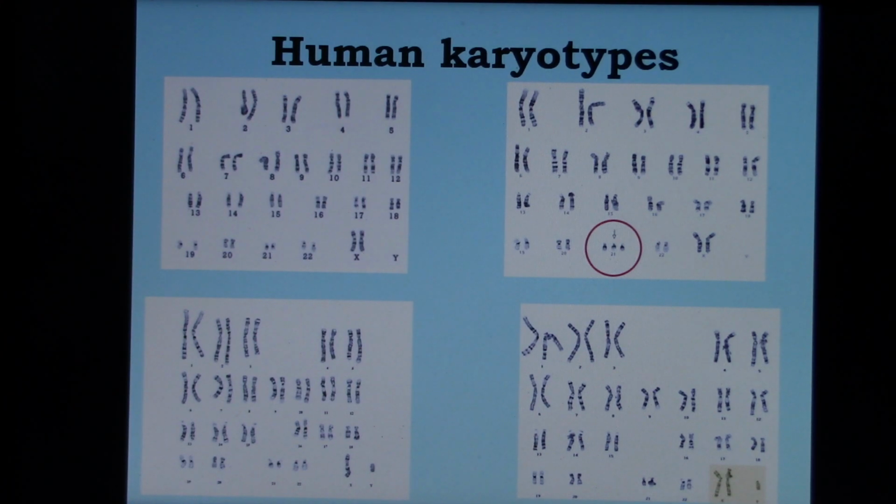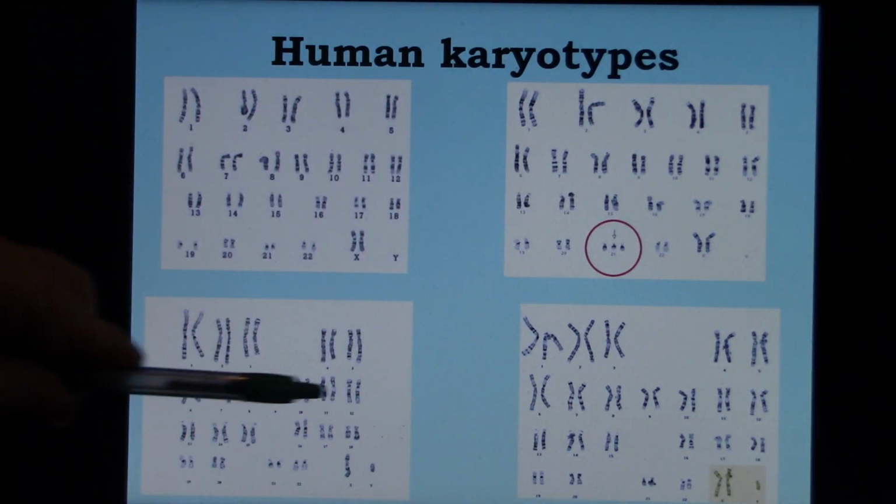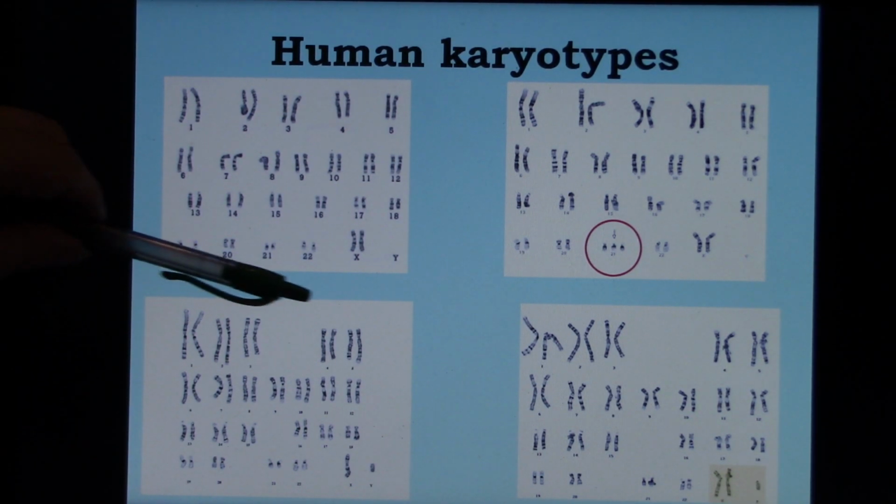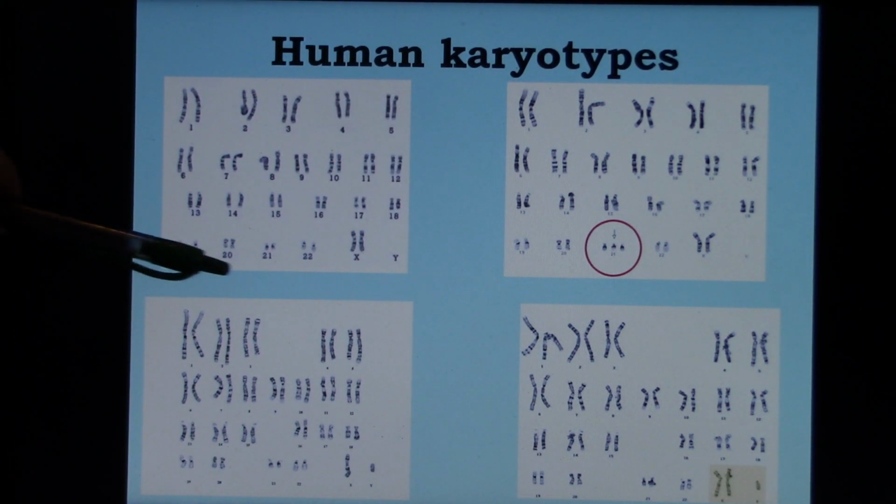So just to get a feel for these and to get an appreciation for all our DNA that's wrapped up with proteins forming our chromosomes, I wanted to show you these and then talk about karyotypes just a little bit. This is a karyotype of a human female.